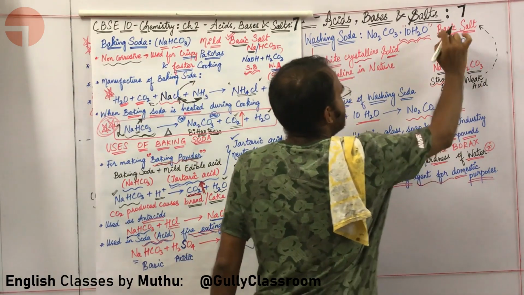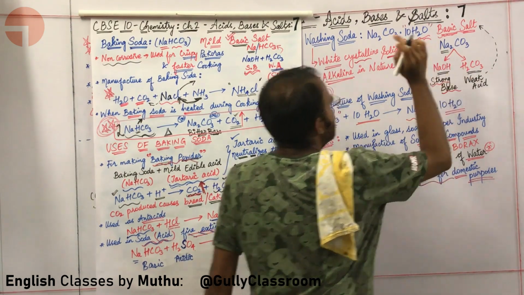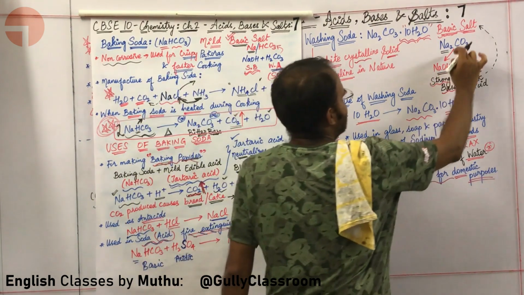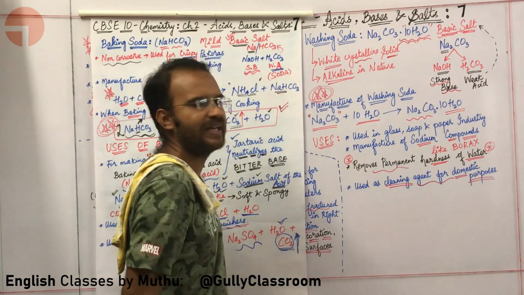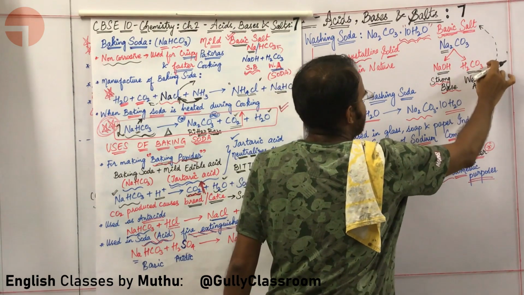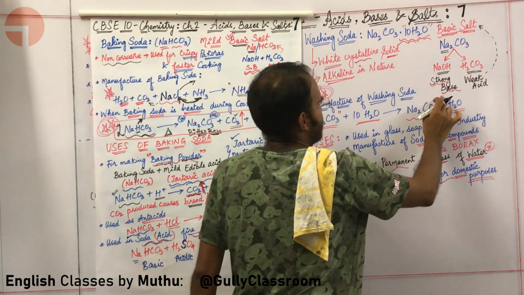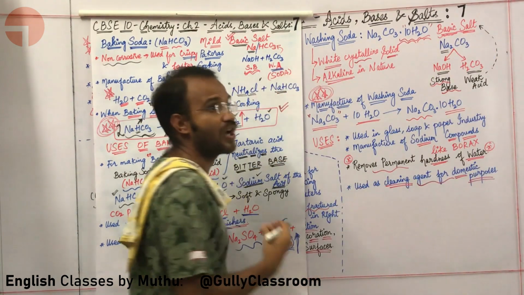Sodium carbonate is made up of the positive ion Na from NaOH, and the CO3 comes from H2CO3, or carbonic acid. Here NaOH is a strong base, carbonic acid is a weak acid. When a strong base combines with a weak acid, what is the salt formed?